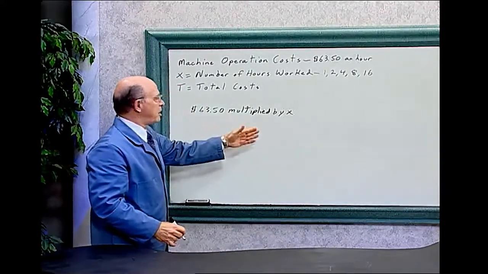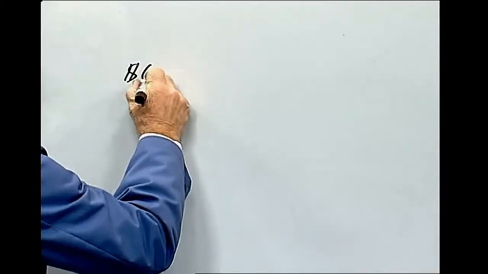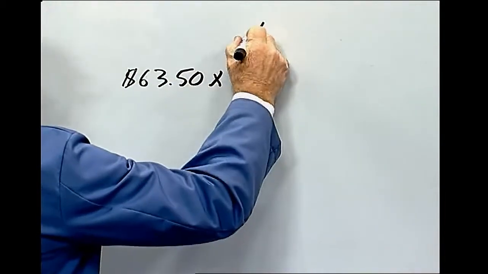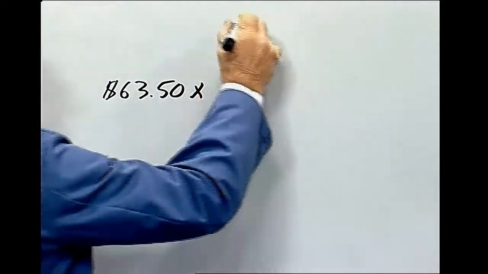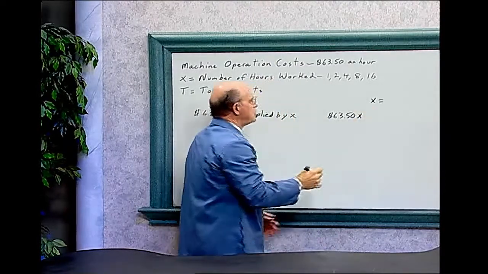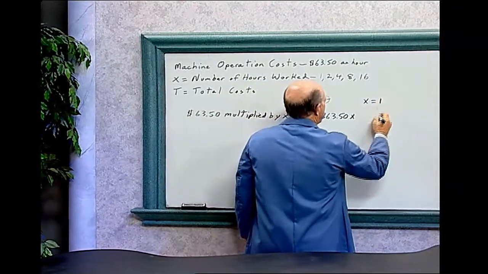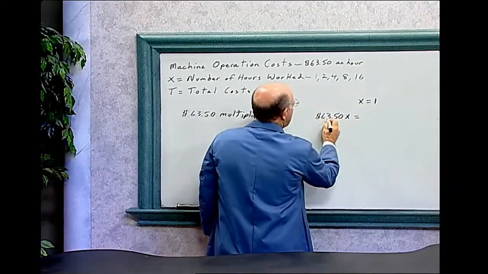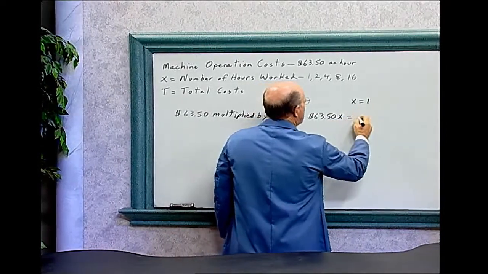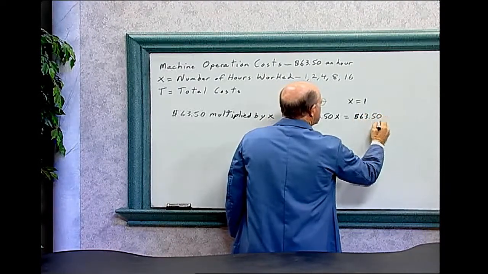Now let's make an algebraic expression out of this. That would be $63.50 x, and x equals number of hours worked. So now we'll use different numbers for x. So it's 1, $63.50 times 1. If x is 1, then it will be the same, $63.50.